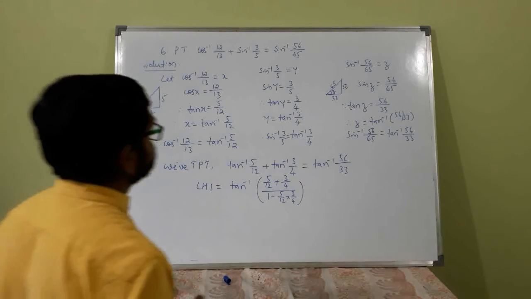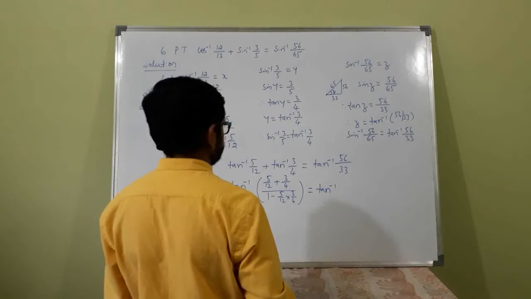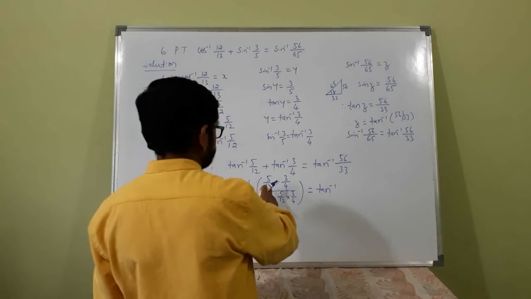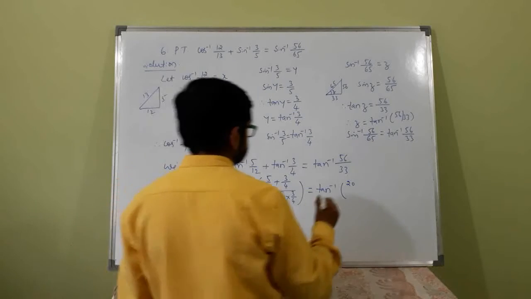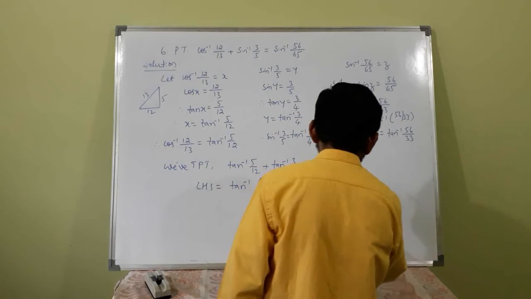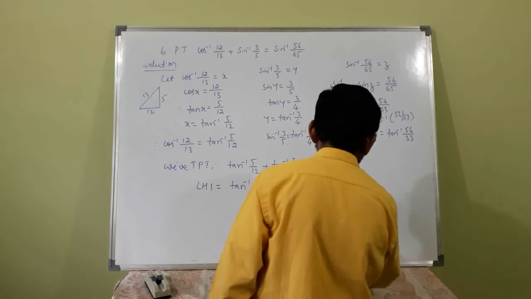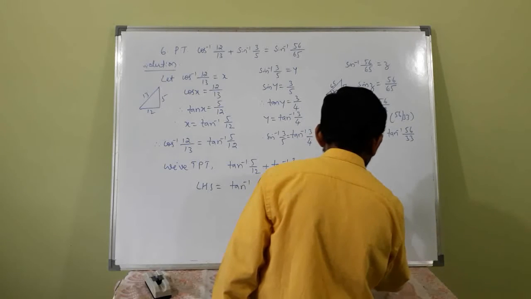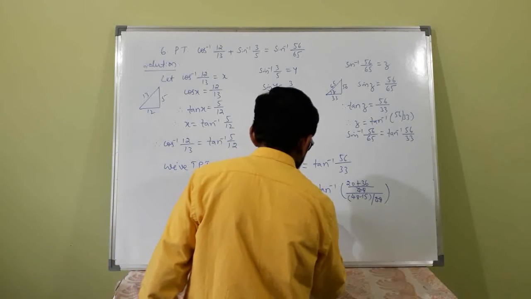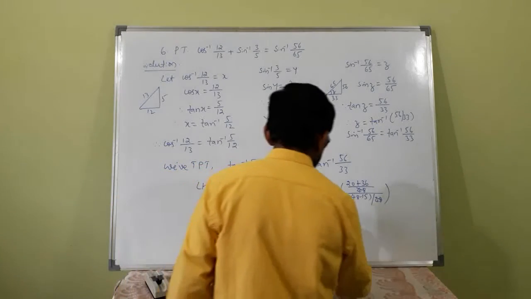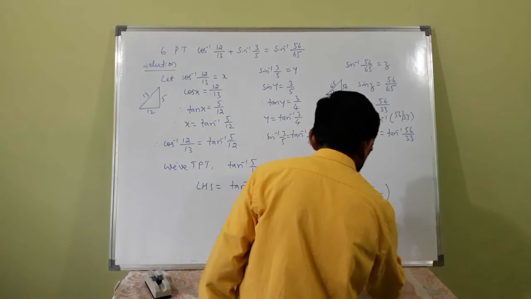As in the earlier case, this will be tan inverse of, let us take again 48 only, 48 means 20 by 48 plus 36 by 48, whole divided by 48 minus 15 divided by 48, 48 get cancelled, that is equal to tan inverse 56 by 33, that is the required RHS.